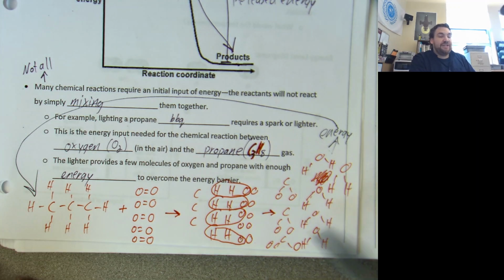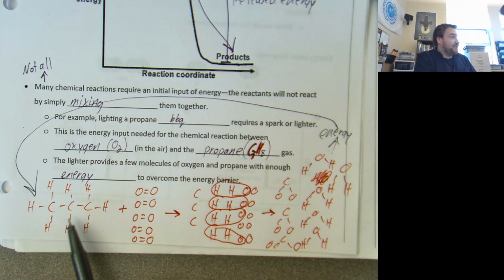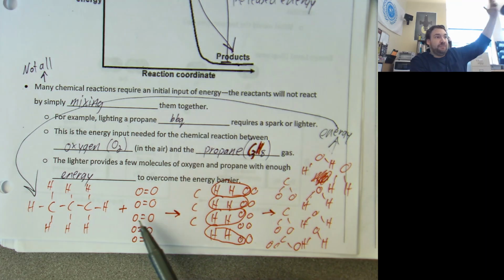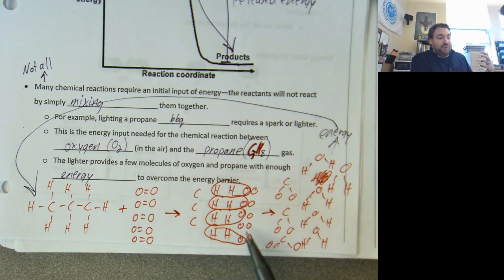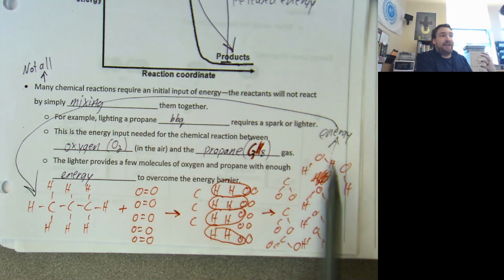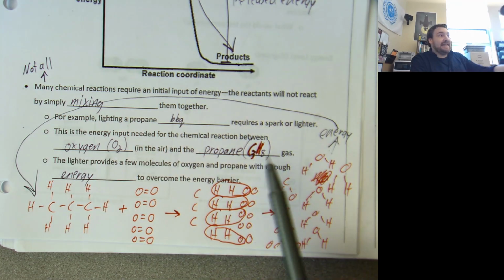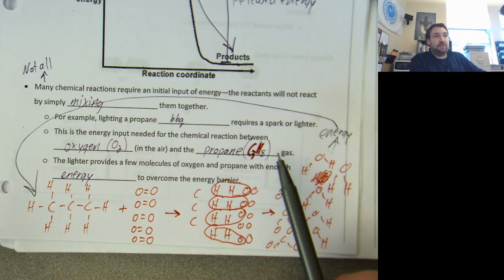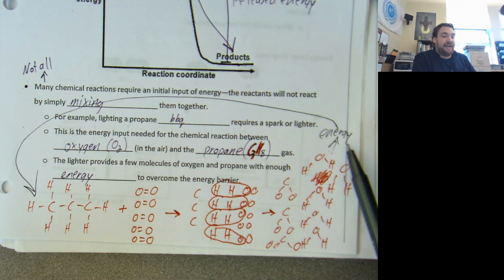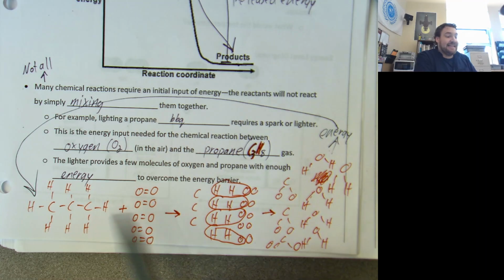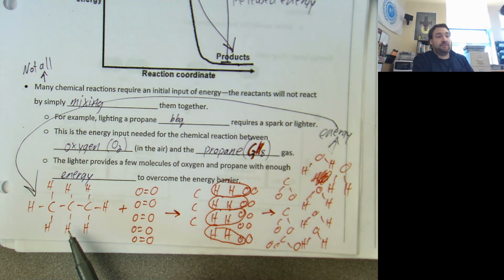The energy coming out of these bonds that are forming is enough to break the bonds in the propane coming out behind it and the oxygen available around it, so that this reaction will happen forever until the tank is dry or you shut it off. Because you've got energy coming out of all these bonds, it's enough to keep the reaction going. The propane is going to continue to burn.